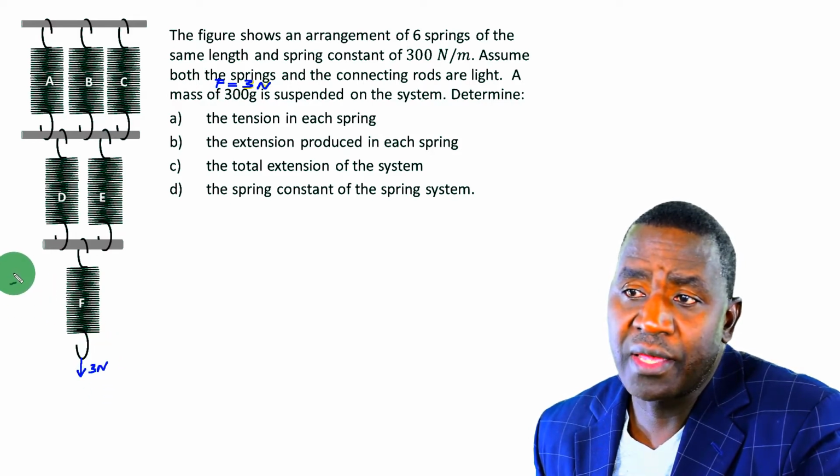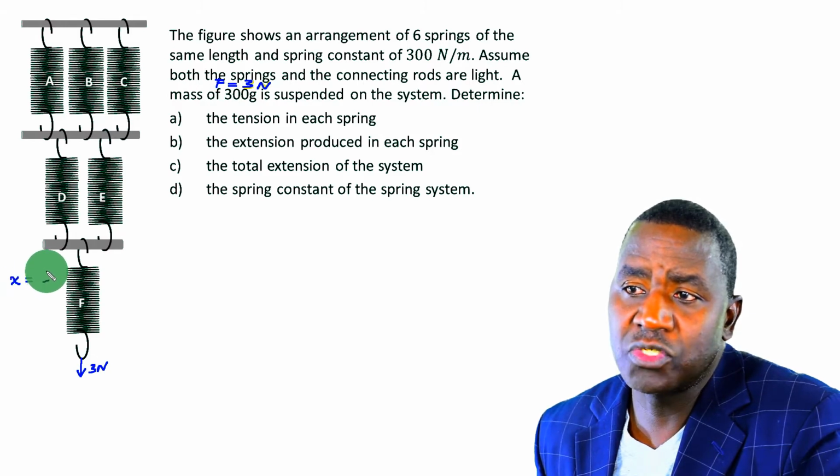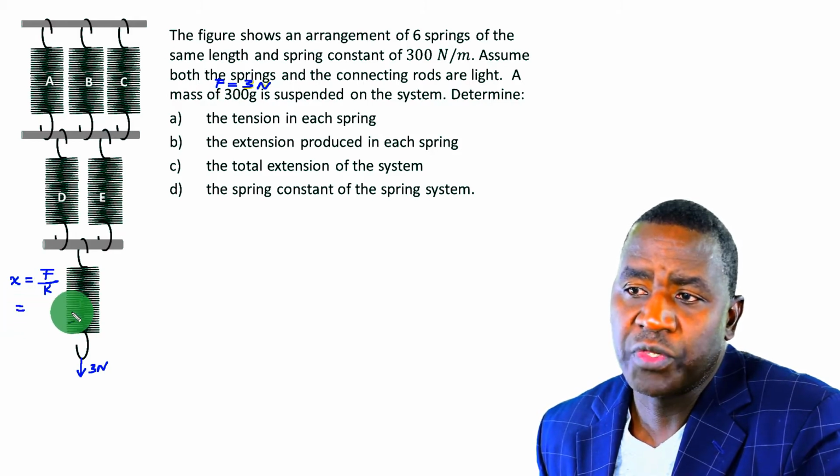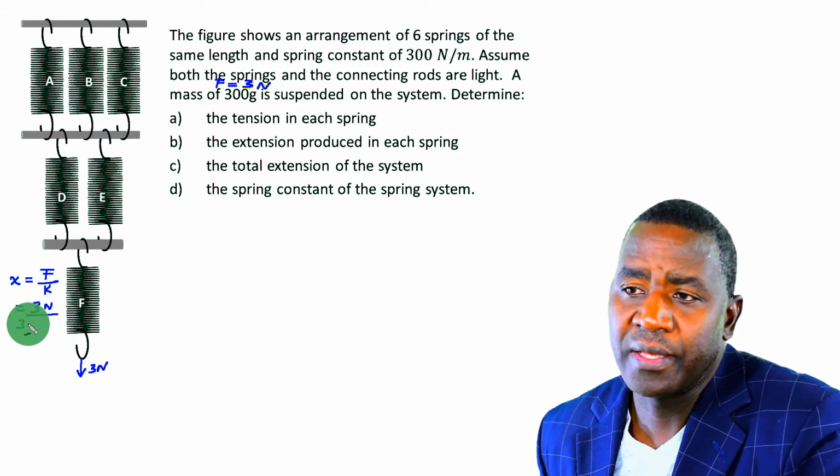So when I use the equation spring constant K equals F over X, and I want to get the value of X, I just need to divide F by the value of K. For this spring, the force is 3 newtons and the value of K is 300 Newton per meter.